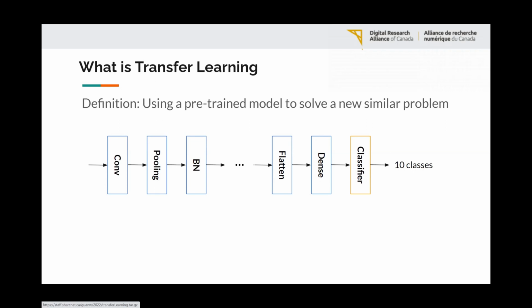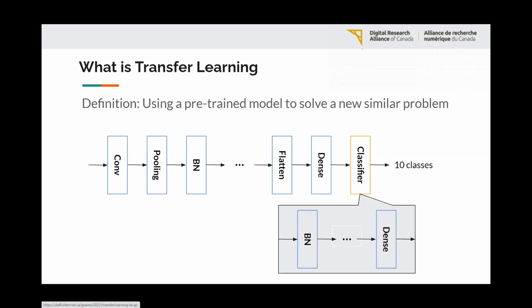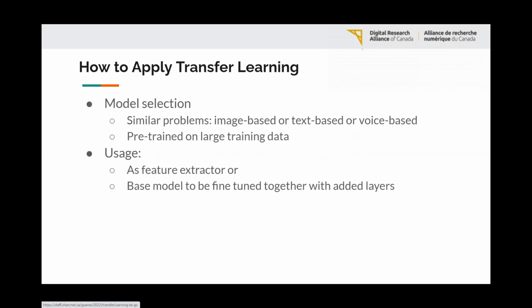The classifier itself is one or more layers, okay? So this is this concept. Then you can train the newly added layer to get the job done.